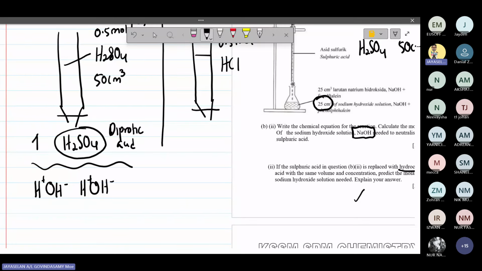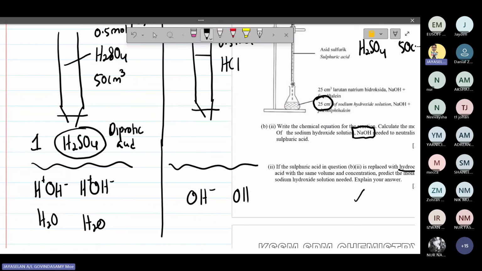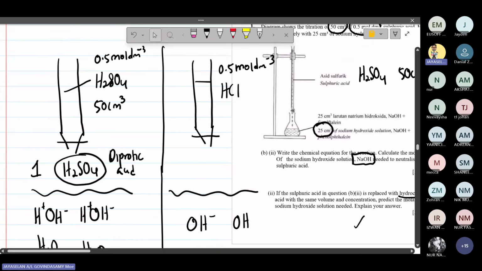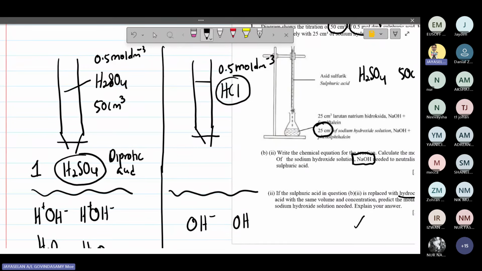So saya perlukan 1. Any question? So here you already got 2 water molecule, neutralize lah. Okay, now I do the same process. Here got 2 hydroxide ion. Now I take hydrochloric acid. I need how many hydrochloric acid to neutralize 2 hydroxide ion? Saya perlukan 1.